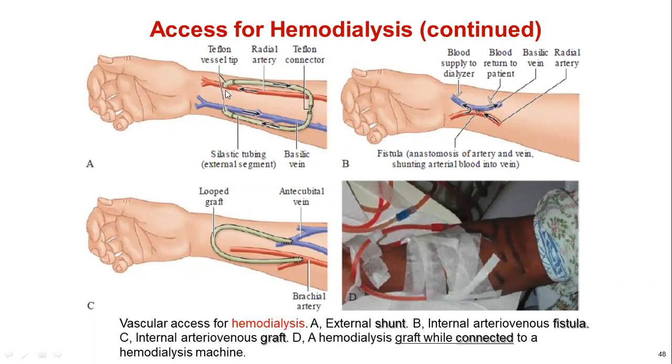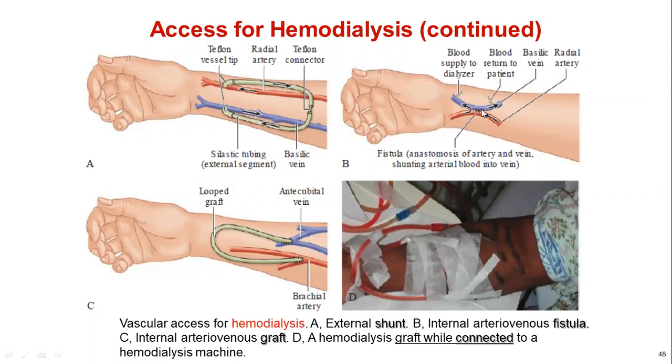Picture number 1 or A is the external shunt. See, the blue one is a vein and the artery is there. So the shunt is made between artery and vein. Usually that one uses, for example, the carotid artery of a cow, bovine, and they use it and continue this one. This is called the external shunt.